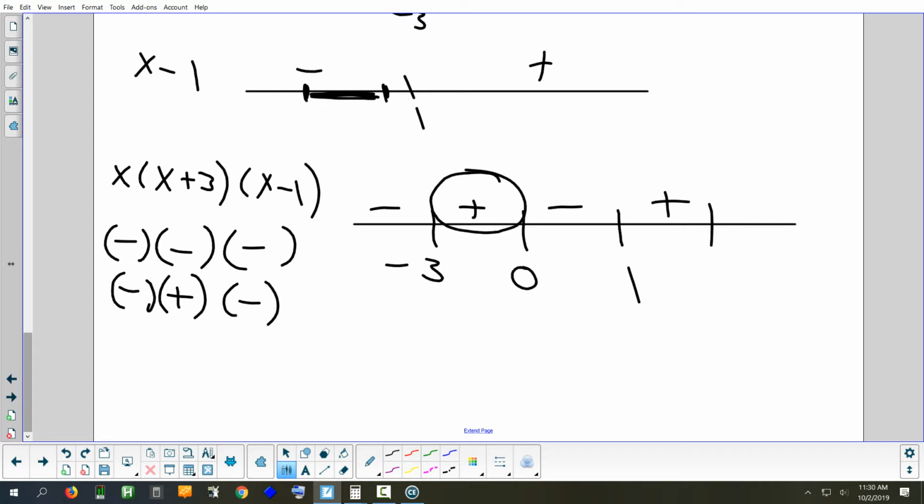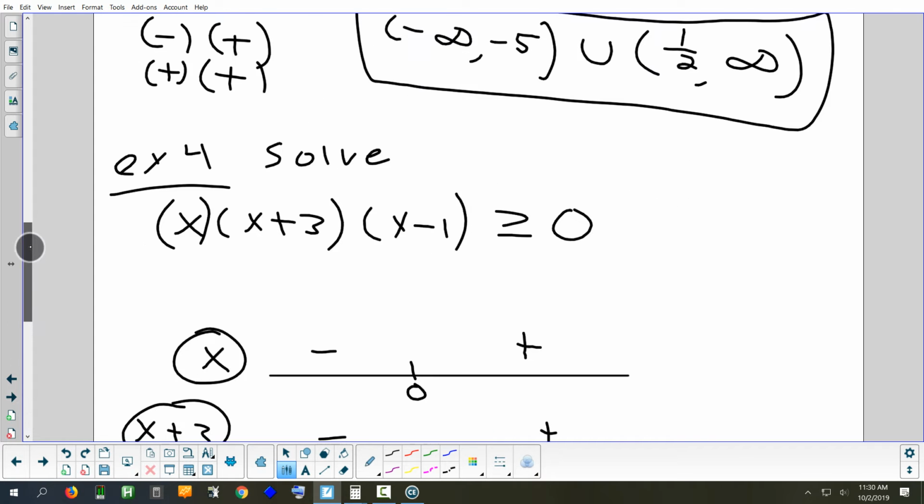Greater than or equal to 0 means you're in the positive section. So you're either there or there. I accidentally drew an extra mark. Okay. Anyone think they can describe those two intervals for me? From what to what?